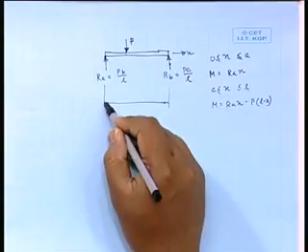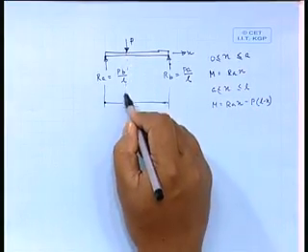So, there will be one additional term. Now, R A already we have determined. So, if we put the value of R A and try to plot the curve here, so when x will be equal to 0, M will be equal to 0.